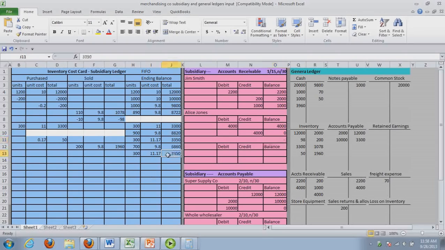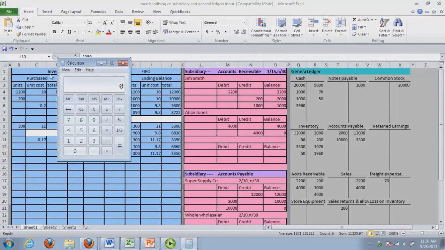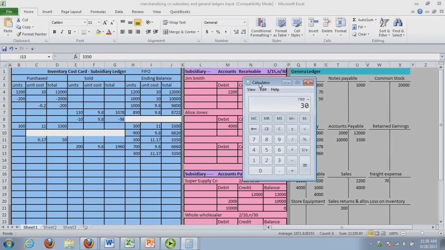Okay, if we look at the ending balance, we got 1,000 units of inventory. We just counted and we have only 995, so 5 units have disappeared. Let me just show you the math so we make sure that we're clear. It's the 700 plus 300 from the subsidiary, and you go back and you can see that from the journal descriptions.